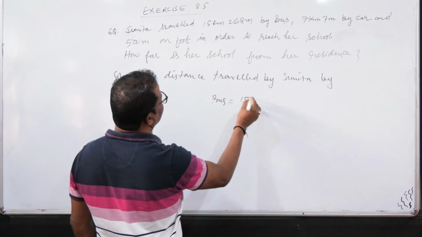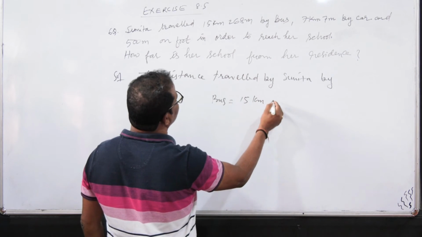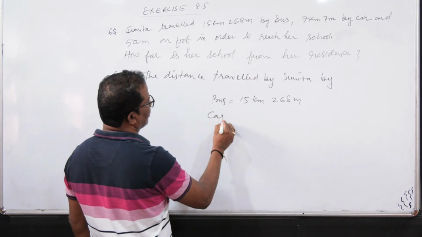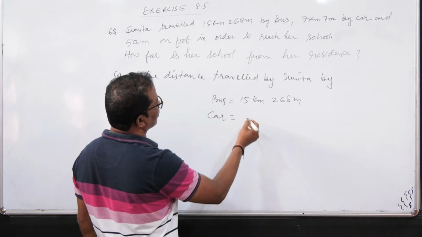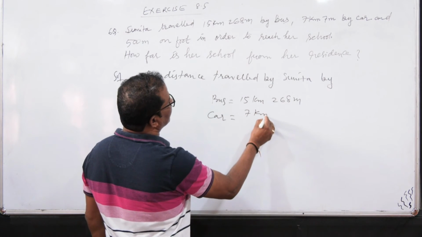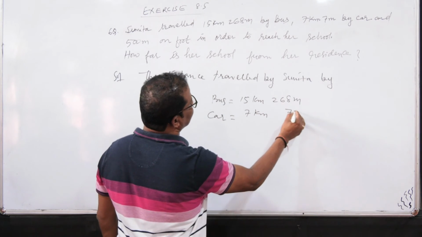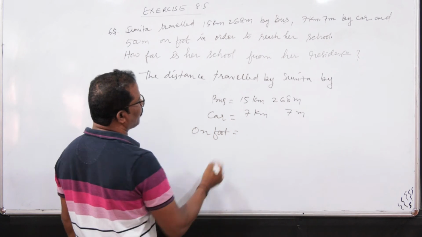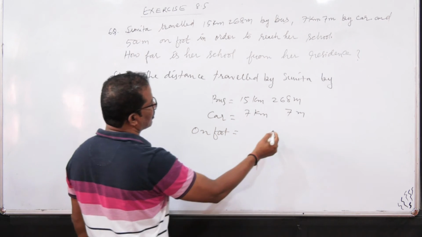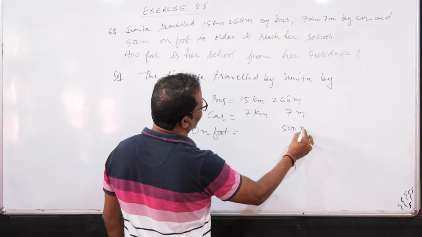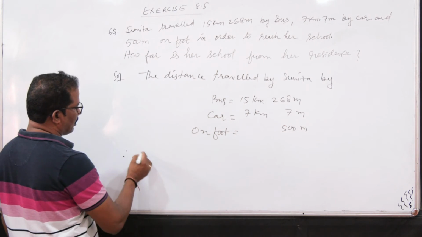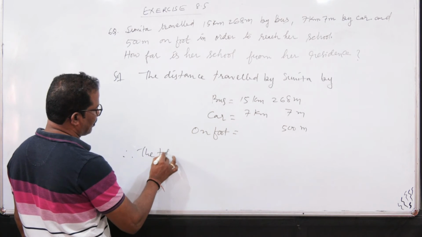This much distance, that is 15 kilometer 268 meter, and by car 7 kilometer and 7 meter, and on foot, that means by walking, 500 meter.